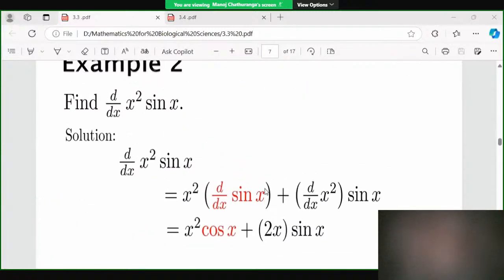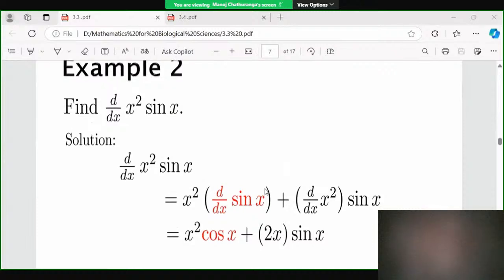For example, let's say x square sine x, a product of two functions. The first factor is x square, the second factor is sine x. Then you can apply the product rule. Keep x square, differentiate sine, plus keep sine and differentiate x square. So x square cosine x plus 2x times sine x.